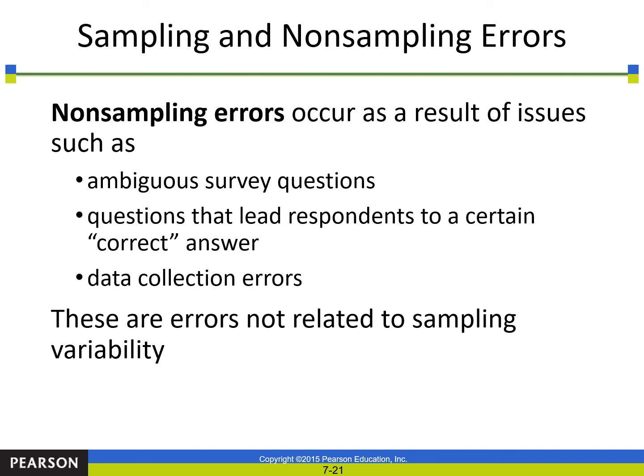Okay, so the last thing that we're going to discuss is non-sampling errors, and they can occur as a result of ambiguous questions, questions that lead respondents to certain values that are desired by the designers of the experiment, and just data collection errors. So these are errors that are not related to sampling variability.